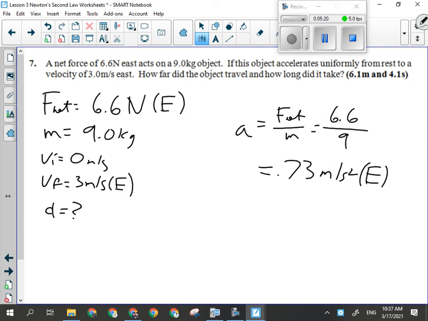And I know it's east because this force was directed east, and acceleration and force are always in the same direction. Now that I have that, I have one more piece of the acceleration puzzle. Now I can calculate d, but I have to use this formula to do it.